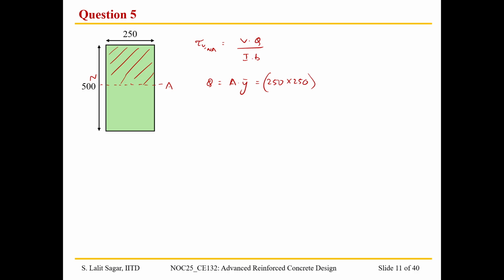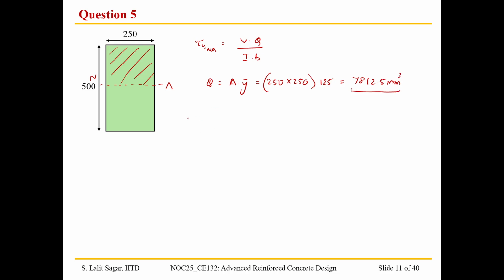From the neutral axis, the centroid of this area is at a distance of 250 by 2, that is 125 millimeter. Which gives us a value of 7812.5 millimeter cube. This is the Q value.